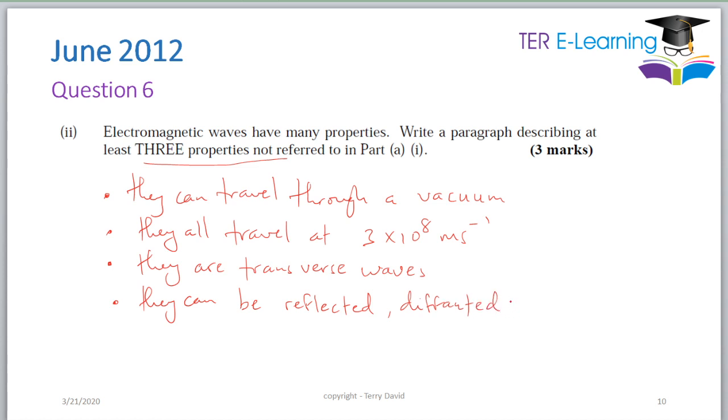They can be reflected, diffracted, show interference. So basically they just want any three properties for 3 marks. And also, because they are transverse waves, they can be polarized. Now that is more at the CAPE level, but if you state it here, they won't penalize you. It's correct.